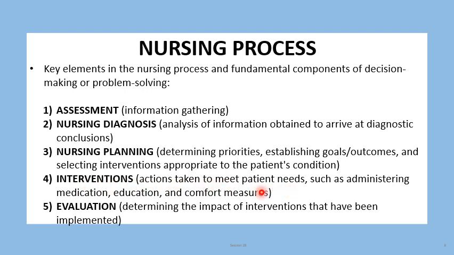We do the action, we meet the patient's needs, with medication administration, education, even comfort measures. Then we do the evaluation to determine whether the interventions have had any impact on our patient's life, and whether that fulfills the nursing diagnosis or the needs that the patient has.